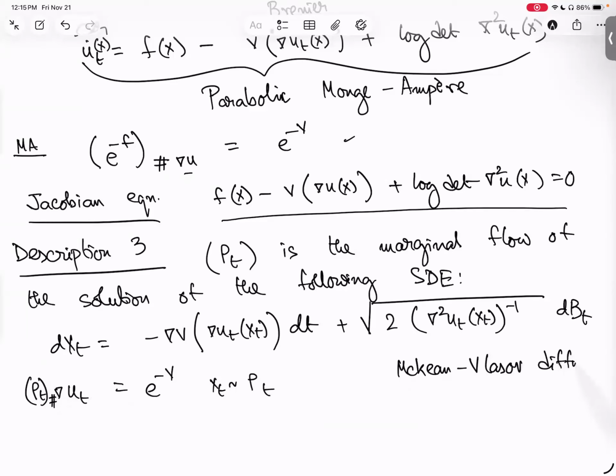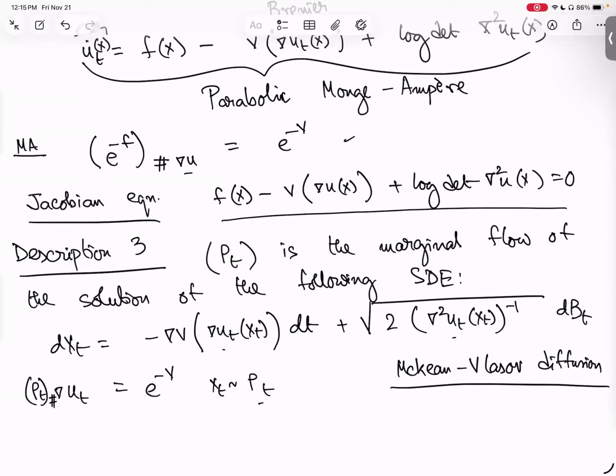If you have not heard of it, it's a class of diffusions whose behavior depends on its current distribution, its current law. Look at this drift and diffusion: to calculate them, you need to know the law of the current value. But the dependence comes through this Brenier map, transporting the current law to e to the minus V.